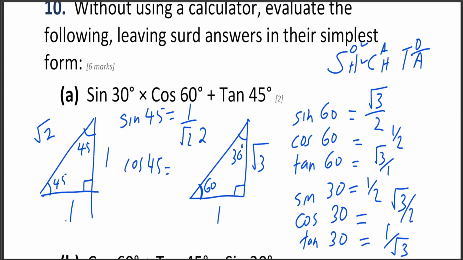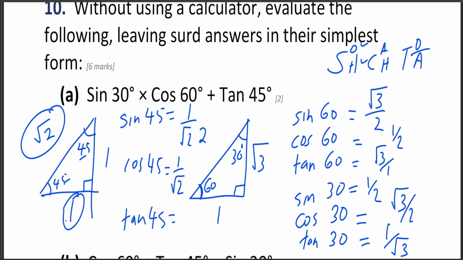So adjacent yako ni hii, over hypotenuse yako, which will also be giving you 1 over root 2. So remember, whichever angle that you use is likely the same. Tan 45 ni opposite over adjacent, which is 1 over 1, ambao ni just 1. Sawa. Ukiona hii vizuri, it gives you a bigger picture. That is also the combined one.